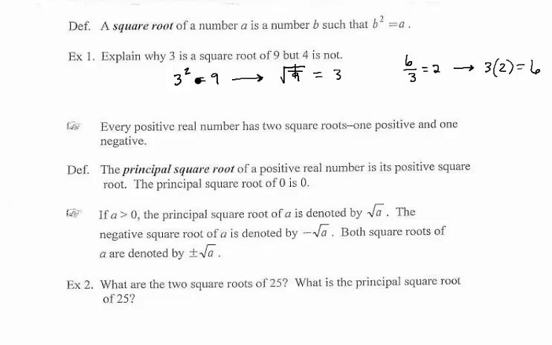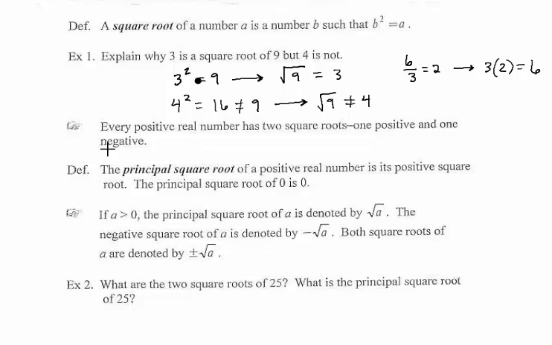Now 4 squared gives us a 16, not a 9. So the square root of 9 is not equal to 4. Whatever we square, we want to get the radicand inside. Otherwise, we're not dealing with the square root. So the square root of 9 is 3, not 4.